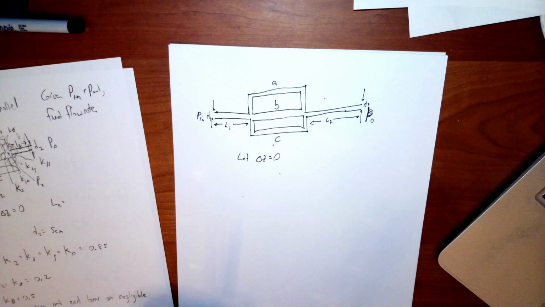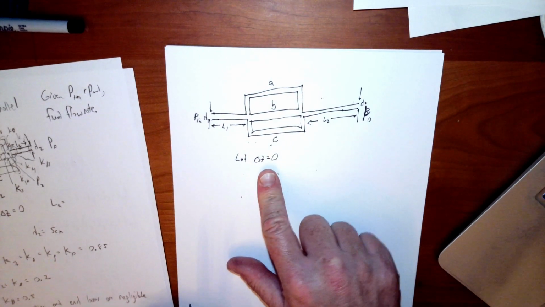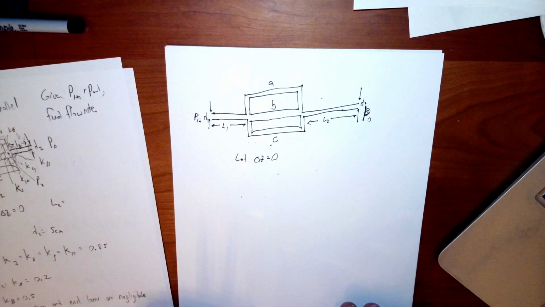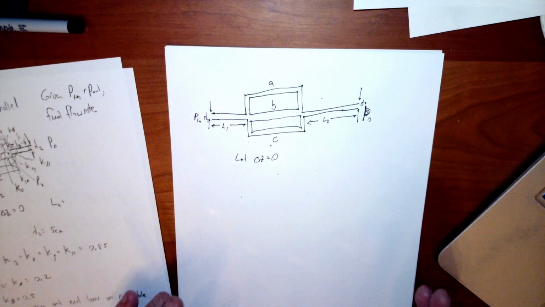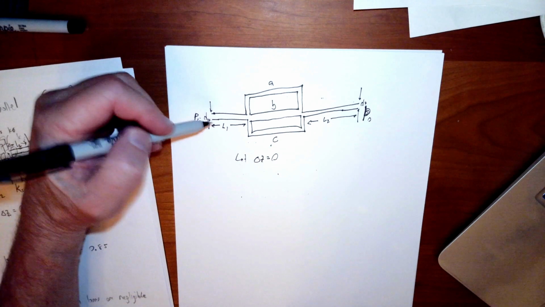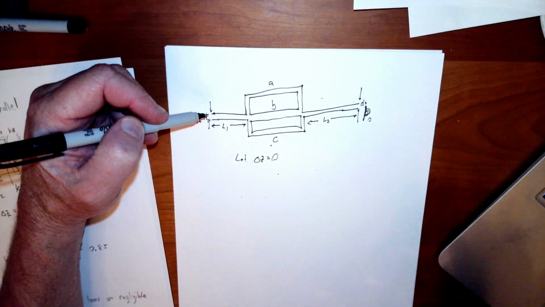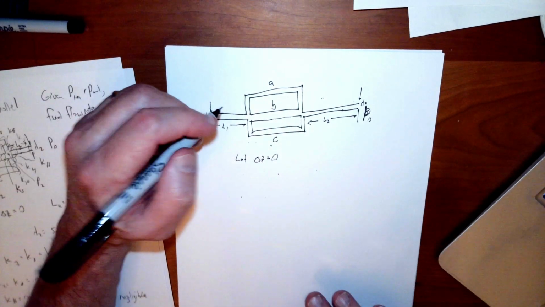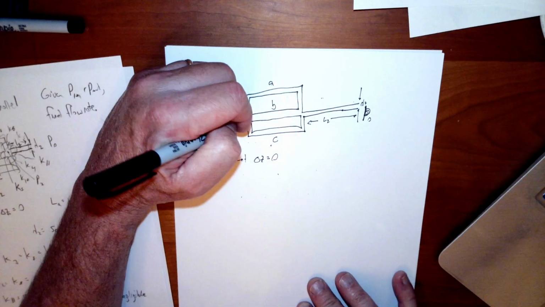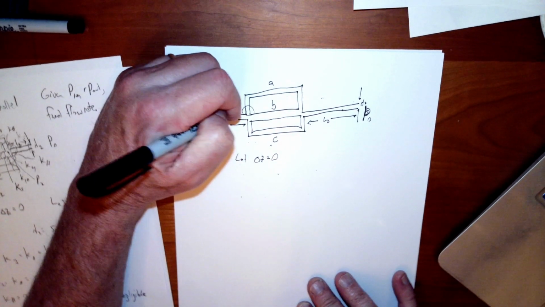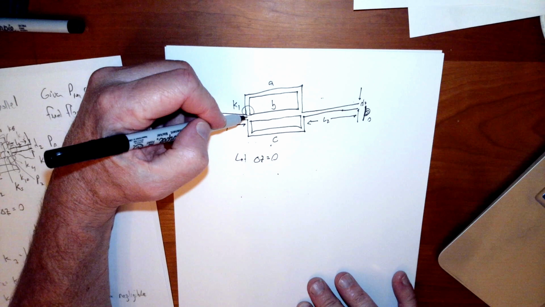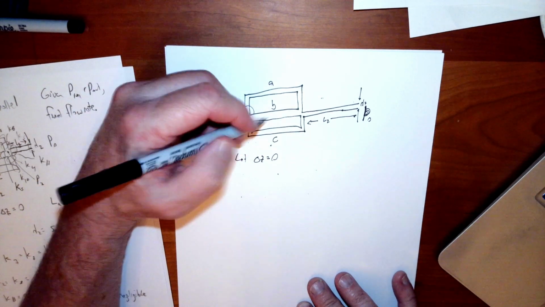In addition, we're going to assume that there's not a significant height change. That would just add more complication. But we're going to look at all the places where we're going to have loss coefficients. Even if we assume there is no loss coefficient at the inlet, we would have a loss coefficient here. Let's call that K1, because there's going to be a branch there and the fluid going up there is going to experience a loss.